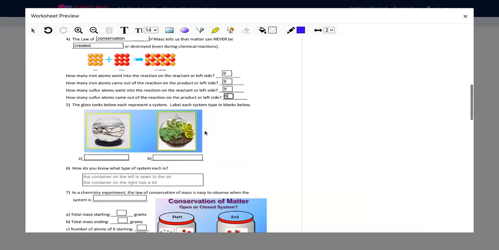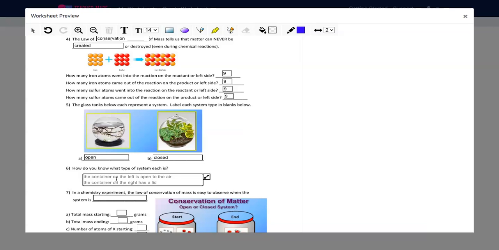These glass tanks below each represent a system. If we look at them very closely, we should see that this one is an open system, and this one is a closed system.